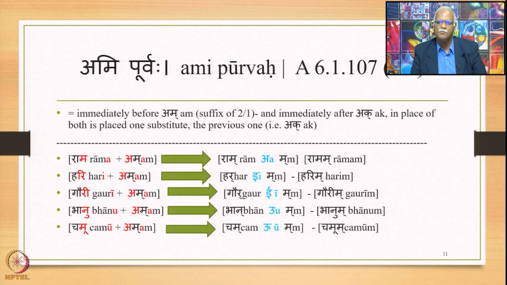It is important to remember here that the environment for this purvarupa sandhi is just this suffix. So the environment is very, very restricted. This sutra functions only in case of suffix. In this case, this is 2/1.